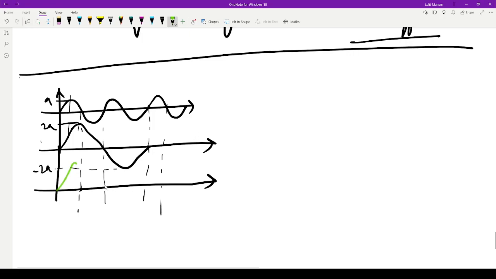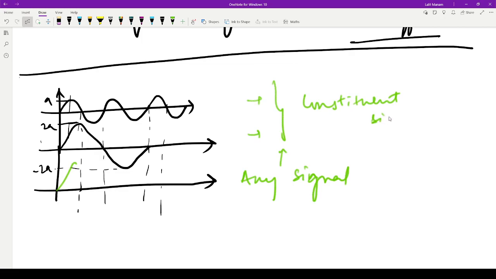My main idea is to show that you can express any signal as a sum of its constituent signals. These constituent signals will have some basic frequencies. Here, if the frequency is f, the frequency for this signal will be 2f, because the time period is inverse.